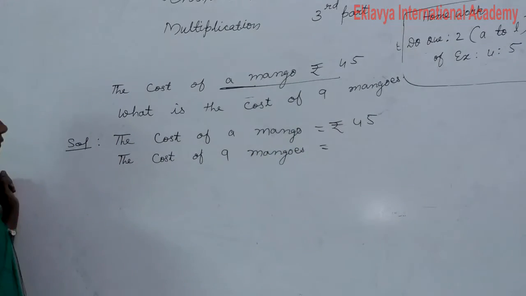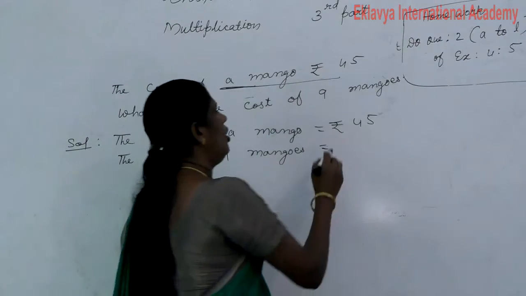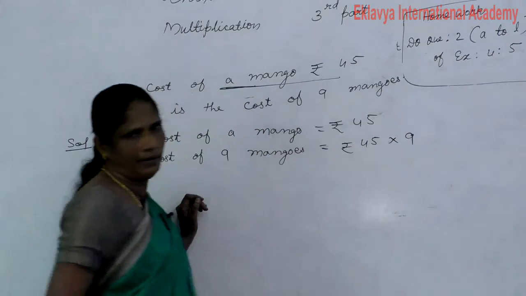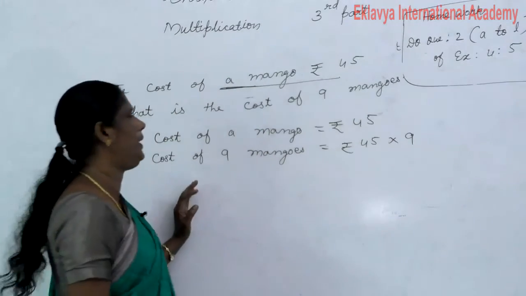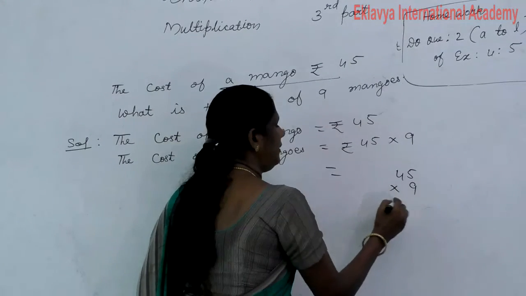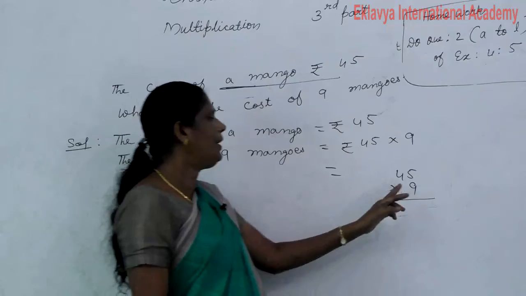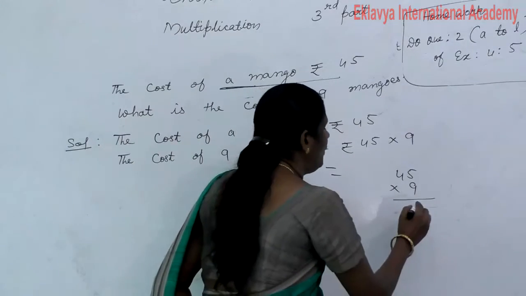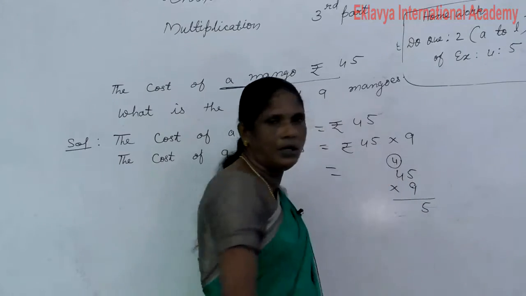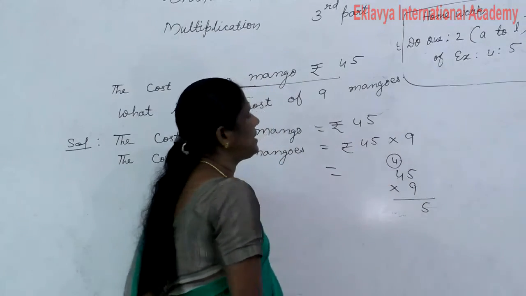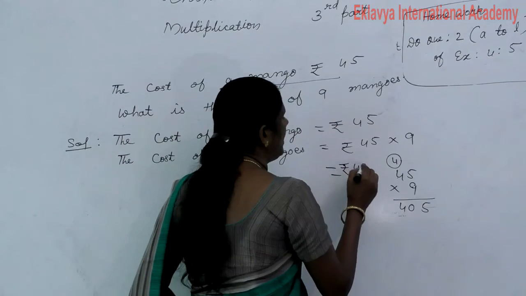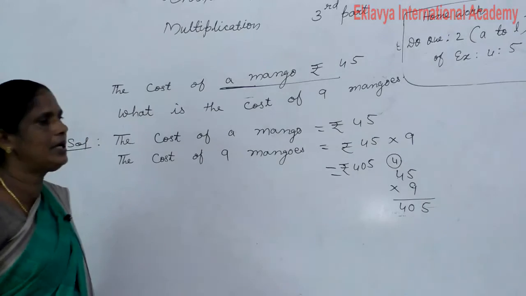The cost of 9 mangoes, rupees 45 multiply 9. First you multiply this. 45 multiply 9. Okay. 9 5 ja 45 carrying 4. 9 4 ja 36. 36 plus 4 is 40. Then rupees 405. What is the final statement?